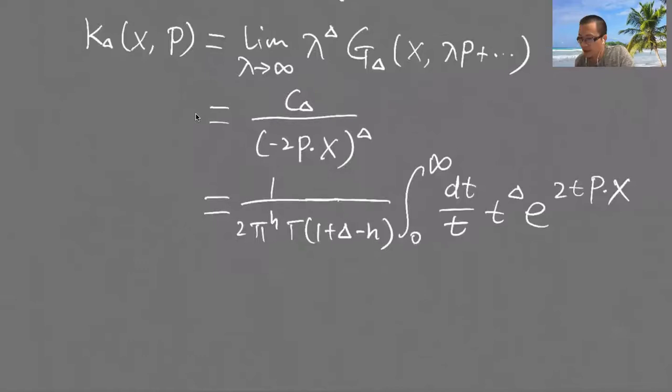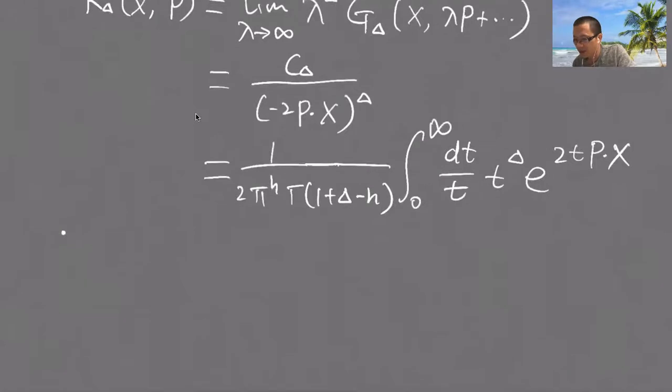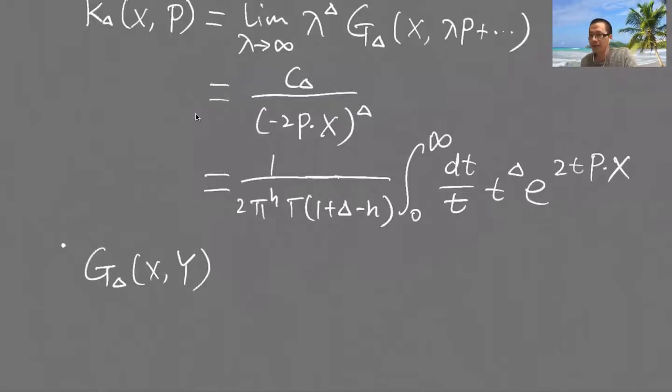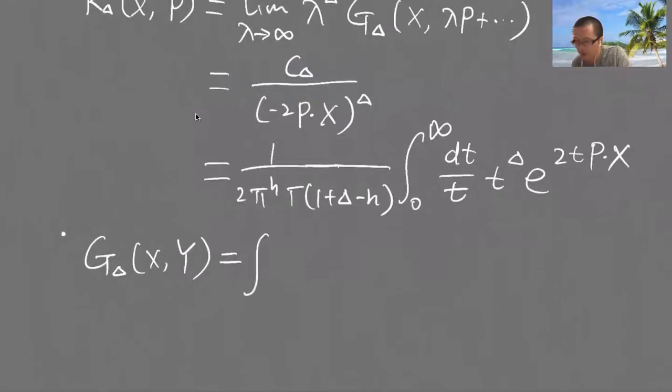It turns out there's another interesting relation between the bulk to bulk propagator and the bulk to boundary propagator. In fact, one can rewrite the bulk to bulk propagator in terms of bulk to boundary propagators. So this formula will be very important when computing Witten diagrams with bulk to bulk propagators.